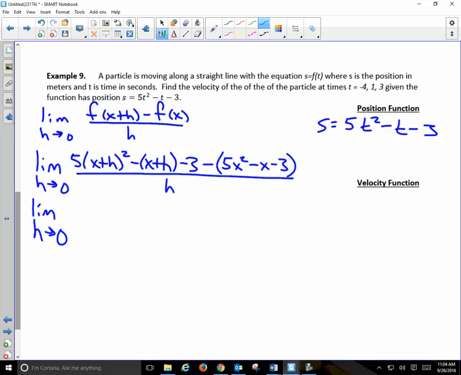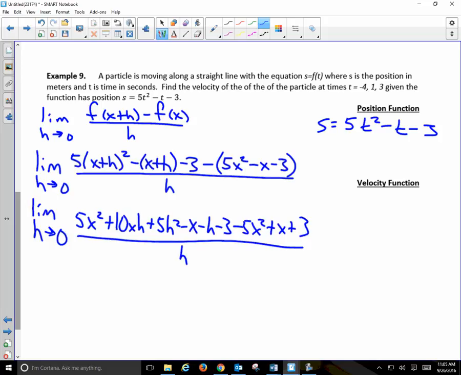If I square this out, what am I going to get? 5x squared, 10xh, plus 5h squared, minus x minus h minus 3 minus 5x squared plus x plus 3 over h.